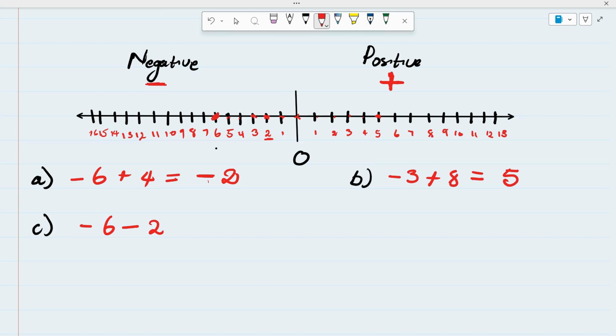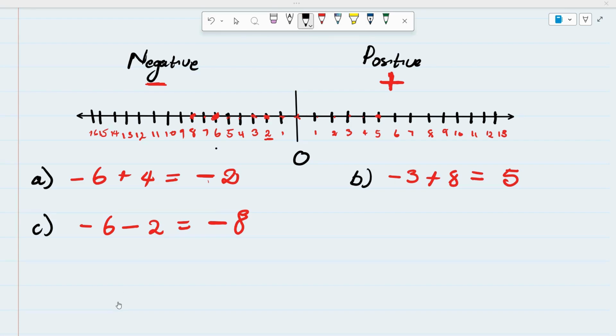We are at -6, and it says -2. So from where we are standing, we should add 2 additional points, but in which direction? The negative direction still. So it will be 1, 2 again. Then it lands us on an 8. So the answer is 8, but in which direction? The negative direction.